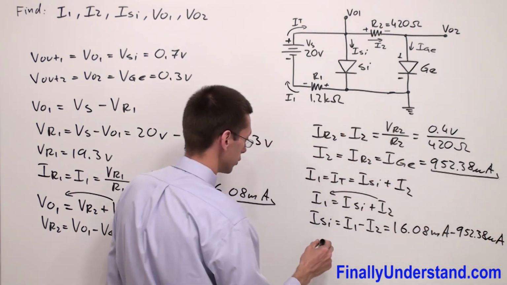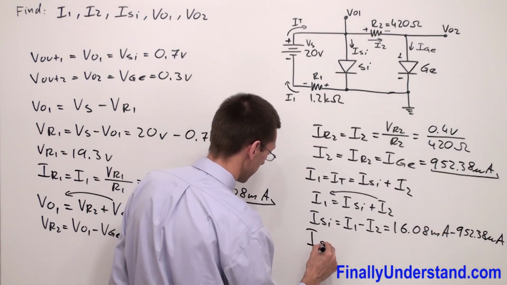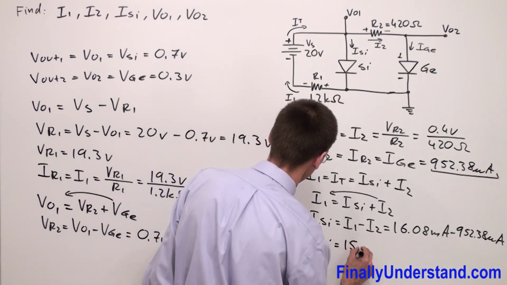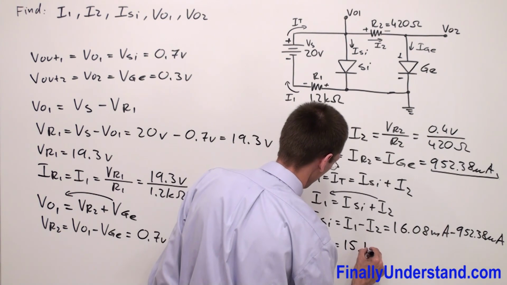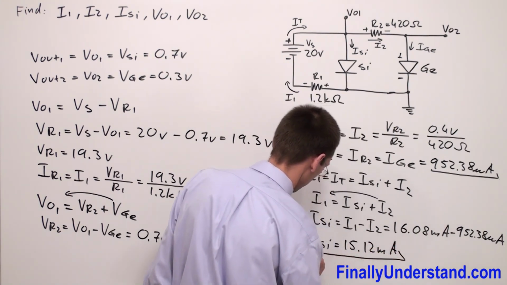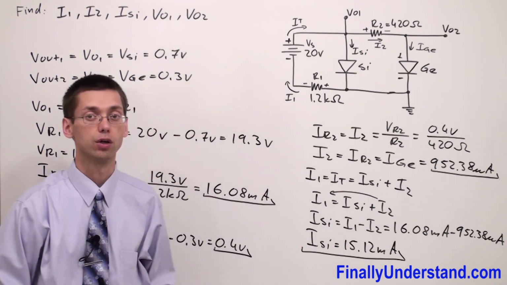Okay, so ISI is equal to 15.12 milliamps. Okay, as you can see, we solved the problem.